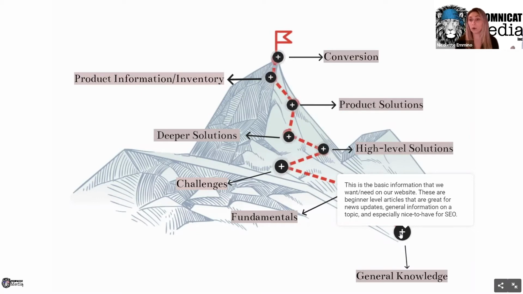Depending on what kind of company you are, this is either going to be super important or stuff you just need to have on the site for SEO purposes or to provide some background information. So this is really going to be the beginner level articles. What is this? How does this work? Where did this happen? This is your general information, and these lead to the next type of article through storytelling.